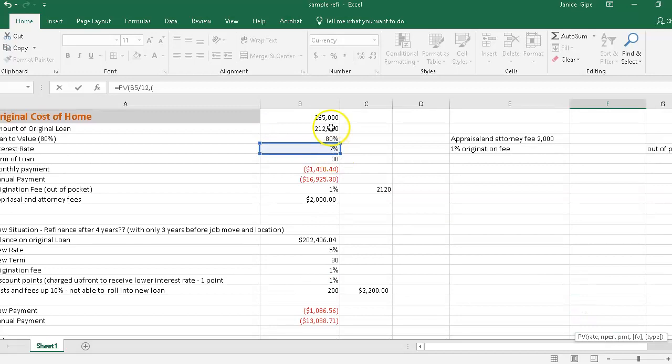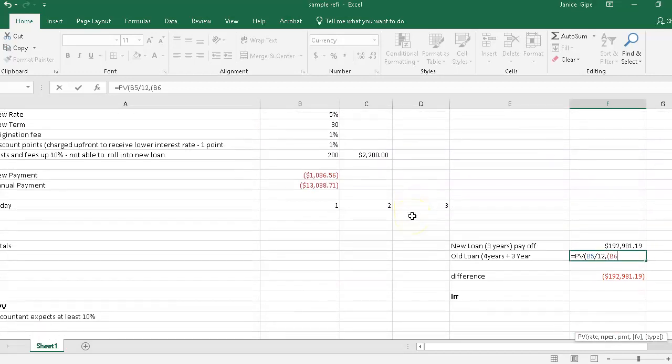And then take that 30 years and subtract out the original 4 and the next 3, so it would actually be paid off at the 7-year period. We're just doing a comparison, just to help you make a decision.